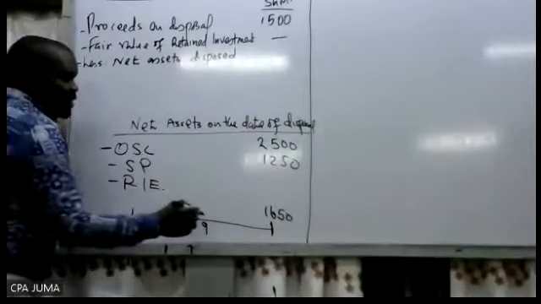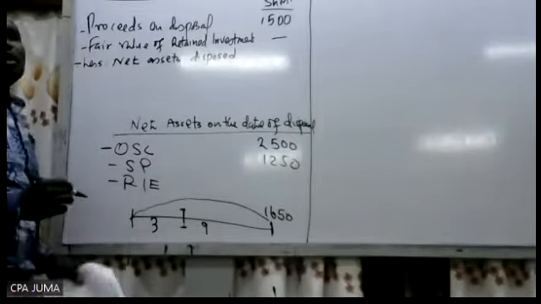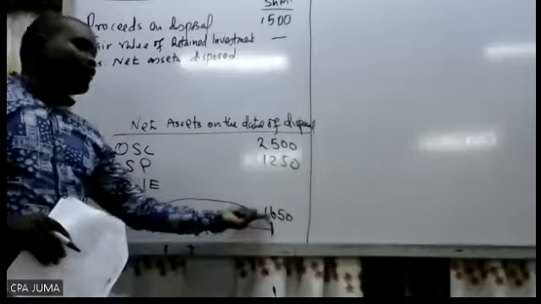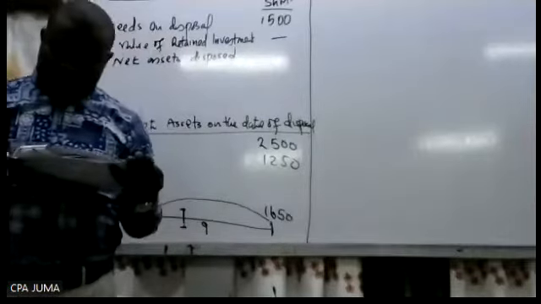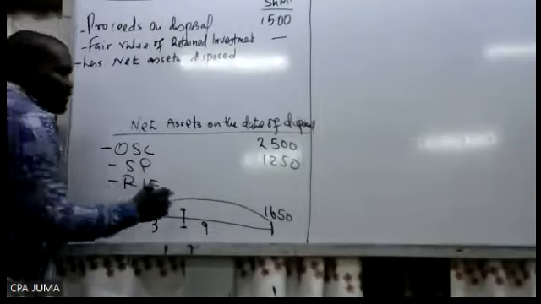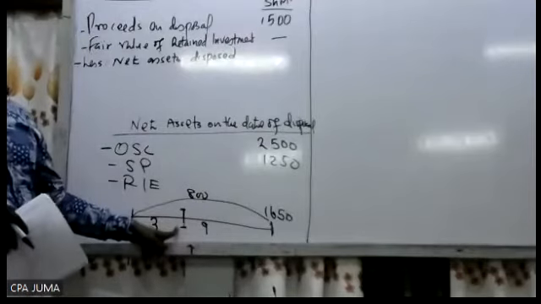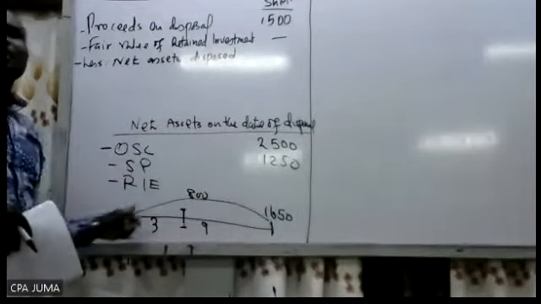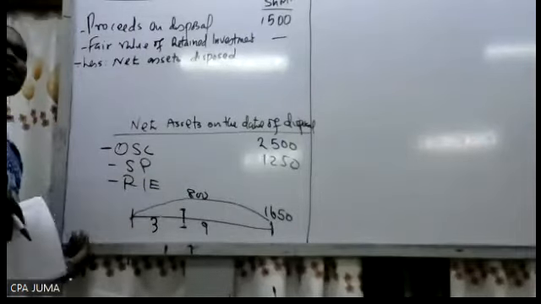Then, how much did they make for the whole year, for the 12 months period? Check P&L. In the profit account, you will get what they made for the 12 months. Profit for the year. How much? 800. So to get the profit here is simple. See, 800 is for 12 months. You can apportion the 800. 800 times 3 over 12 is this side.